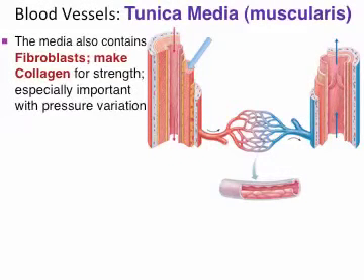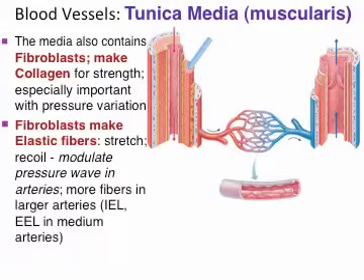So a little bit more on the tunica media. Like I said, in the tunica media we have vascular smooth muscle cells, but there's also fibroblasts in there that make collagen to give blood vessels strength, and it can help the blood vessels respond to pressure variations. Fibroblasts also make elastic fibers in the tunica media to allow for stretch of the blood vessels.